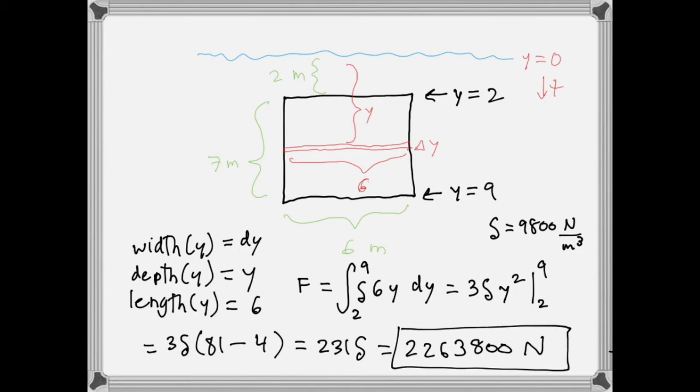You don't need to worry about the newtons per cubic meter, because when you multiply that by the 231, you end up with newtons, because the 231 is a volume. It's actually in cubic meters here. So this is the total amount of hydrostatic force that is on this rectangular shape that's submerged in the water.